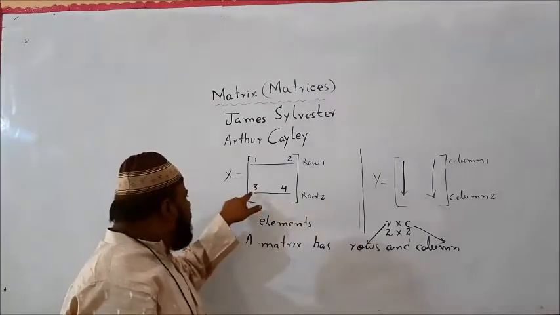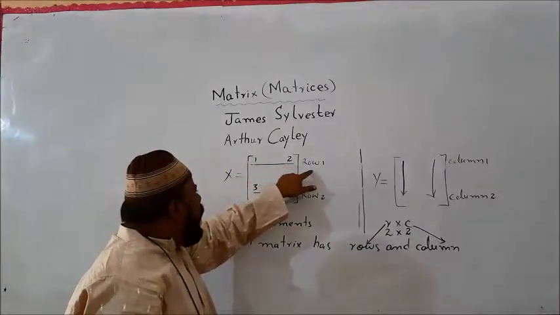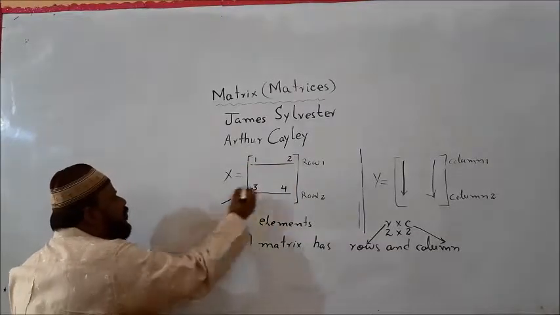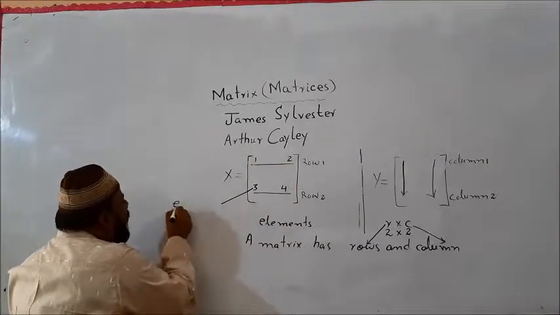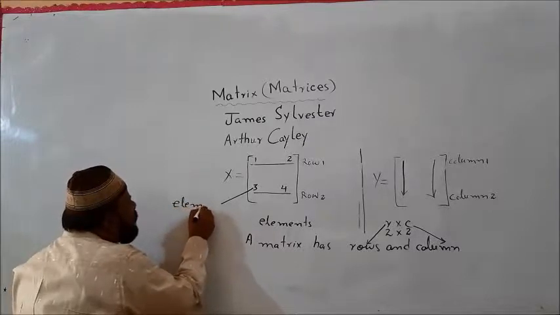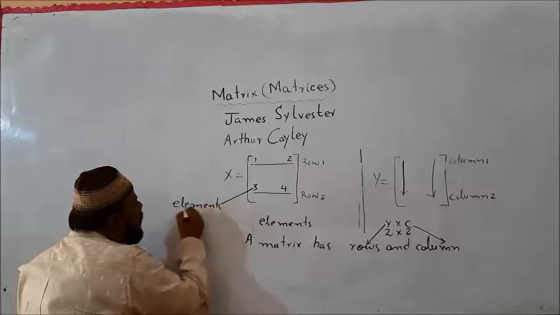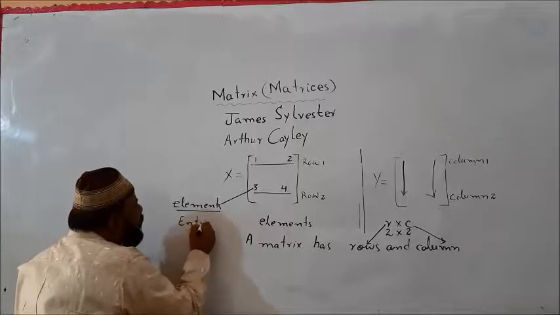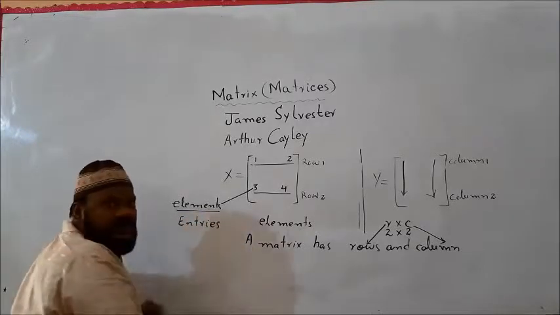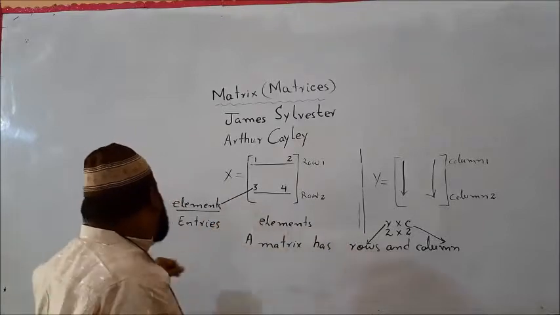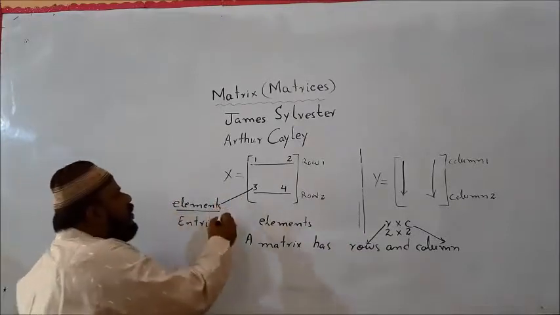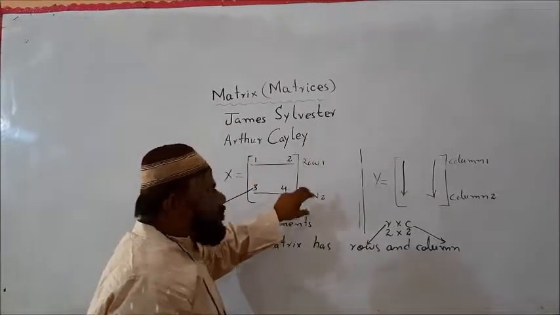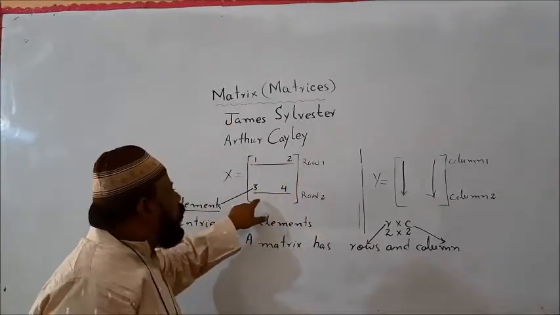Another name for these is elements. 1, 2 are elements of row 1 and 3, 4 are elements of row 2.